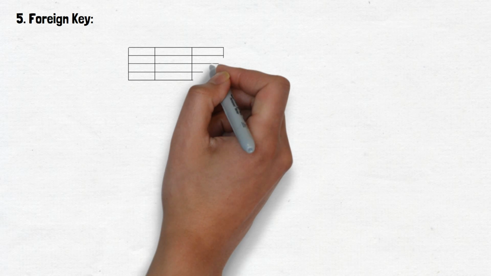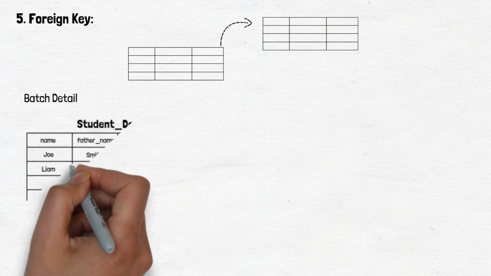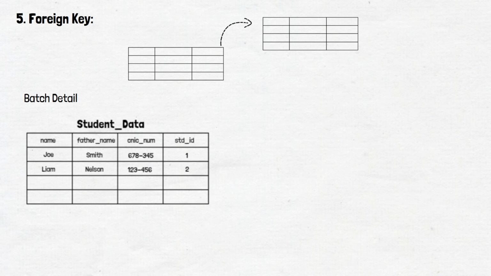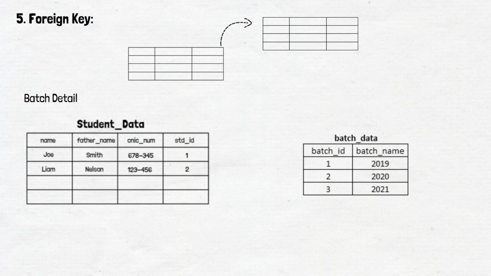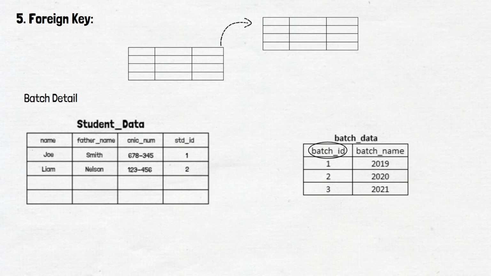As the name specifies, it is a key which is used to combine different tables together based on value of some column. For example, we need to store batch detail of a student in student_data table. Whereas batch_data is another table present in the database containing batch_ID and batch_name columns, whereas batch_ID is the primary key.